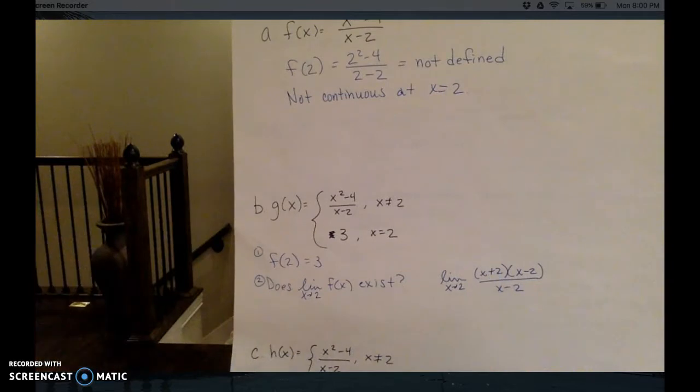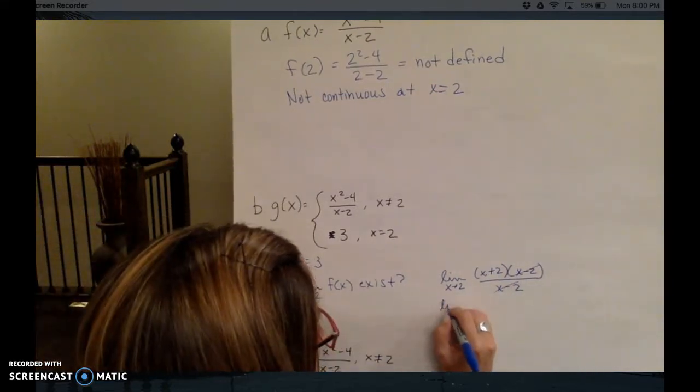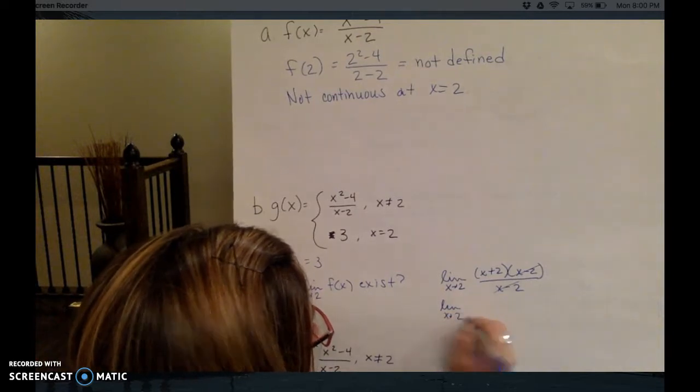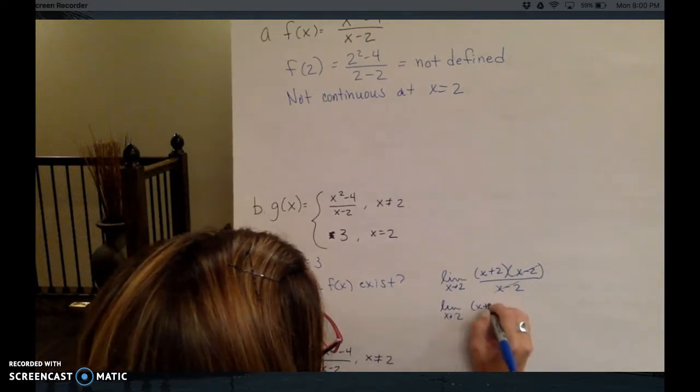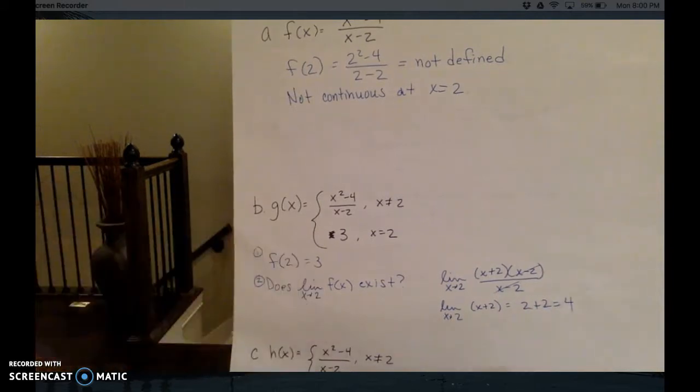I factored that difference of squares. We can cancel. So therefore, the limit as x approaches 2 of x plus 2 is equal to 2 plus 2, or 4. So the limit does exist, and in fact, the limit is 4. So f of 2 is defined. The limit as x approaches 2 exists, and it is 4.